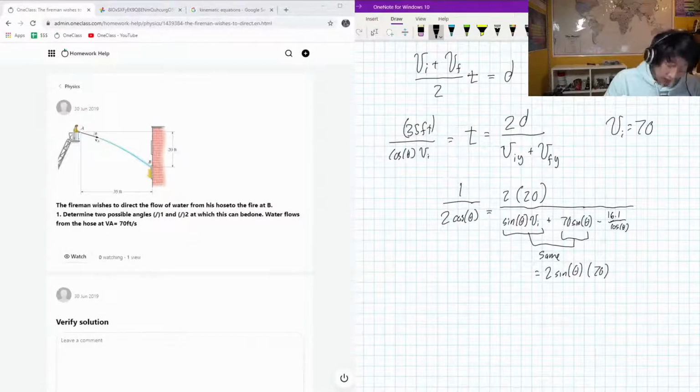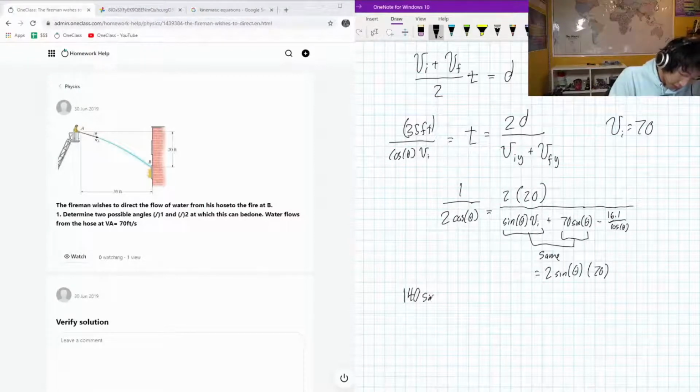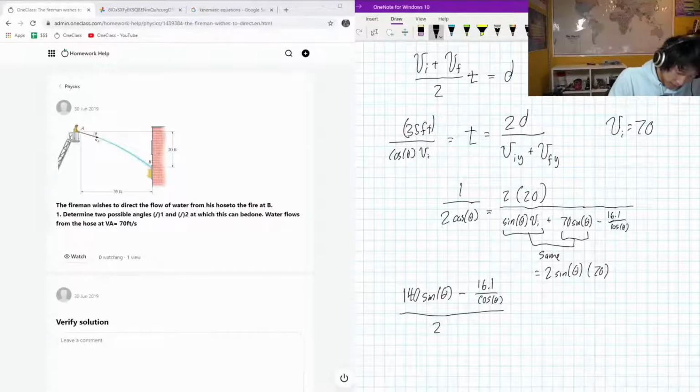And let's bring the bottom of the right side up to the top of the left side. So we're going to have 2 times 70, that's 140 sine theta, minus 16.1 over cos theta, whole thing divided by 2 cos theta.